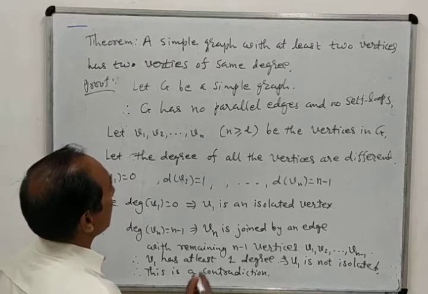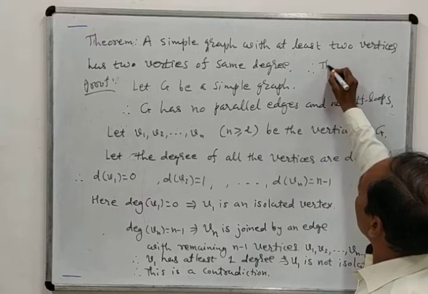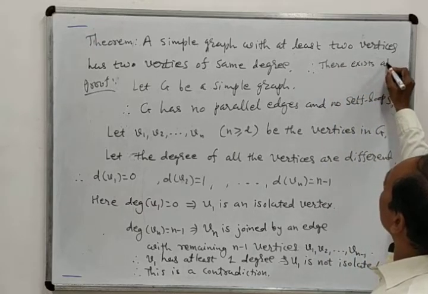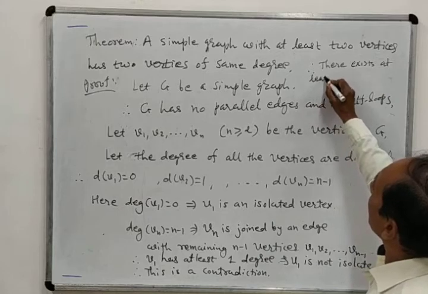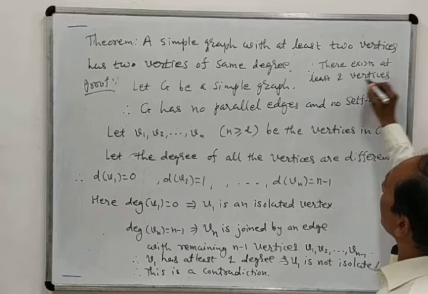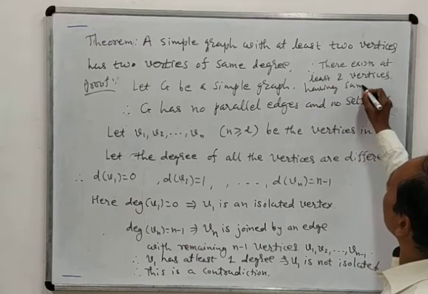So finally we can say that therefore there exist at least 2 vertices having the same degree.